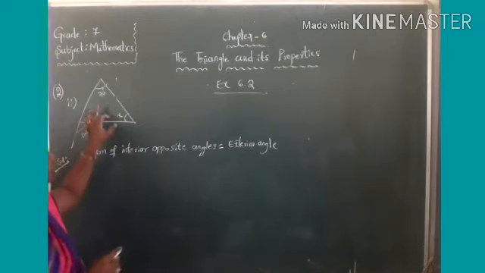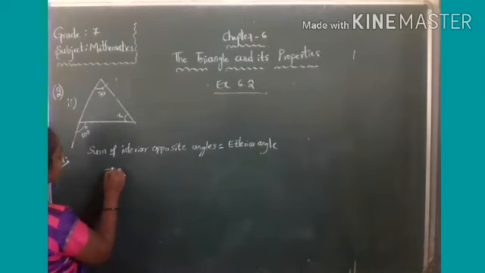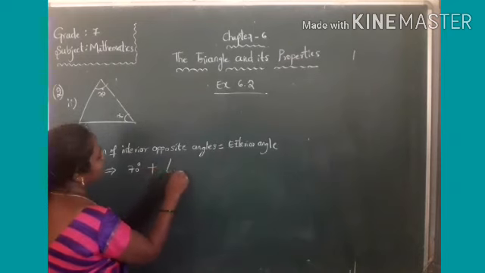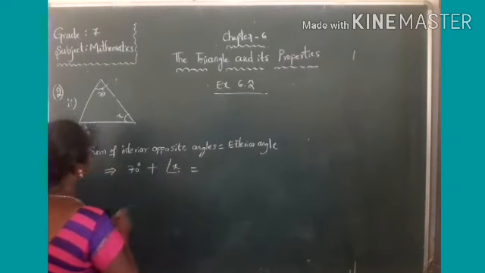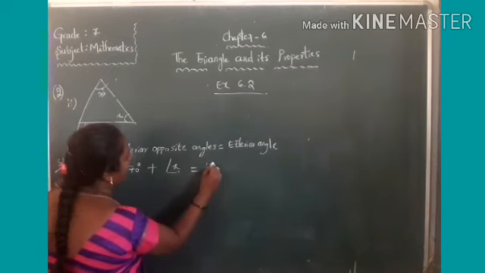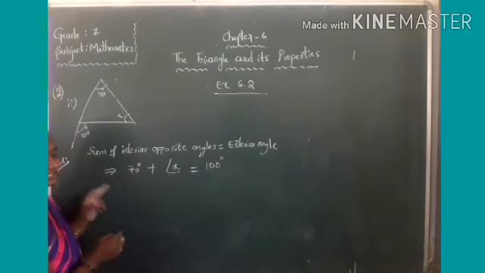Here the interior angles are 70 degrees and one more interior angle, angle x. So the two interior opposite angles are equal to the exterior angle, that is 100 degrees.